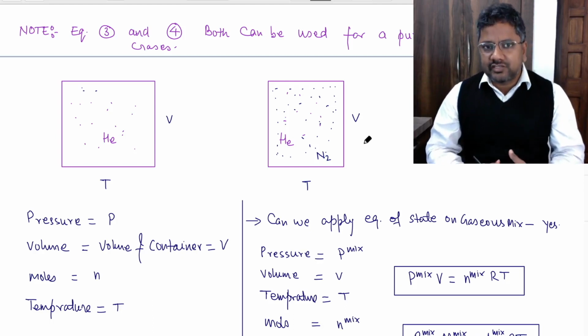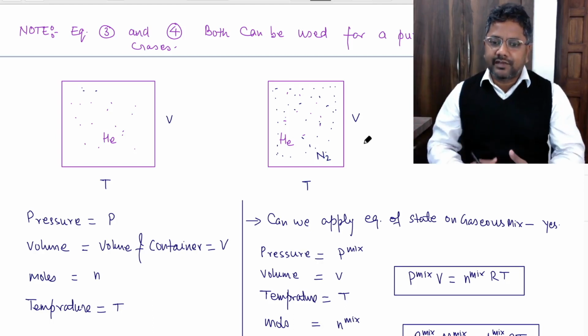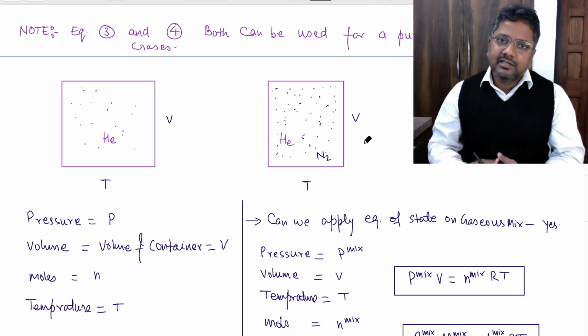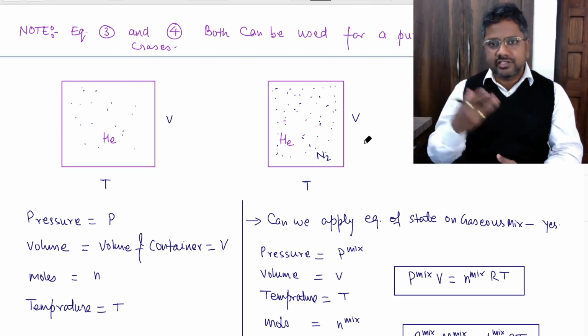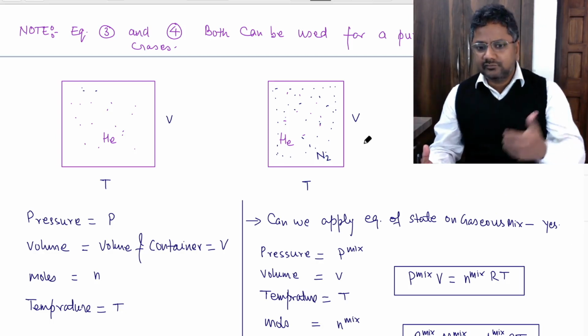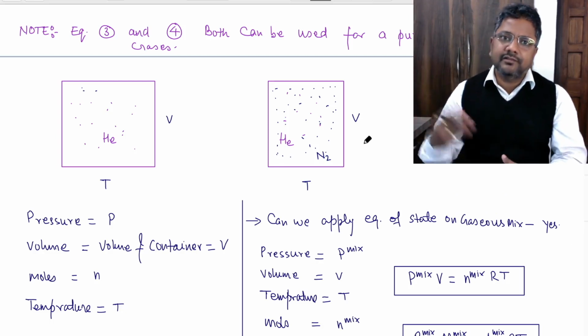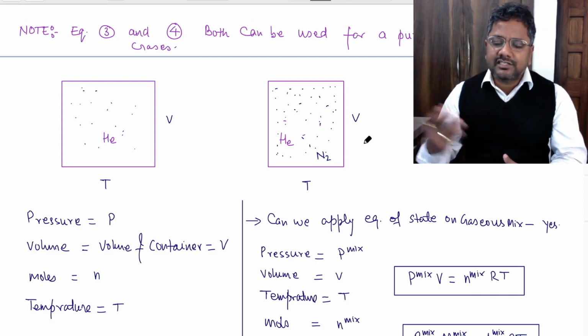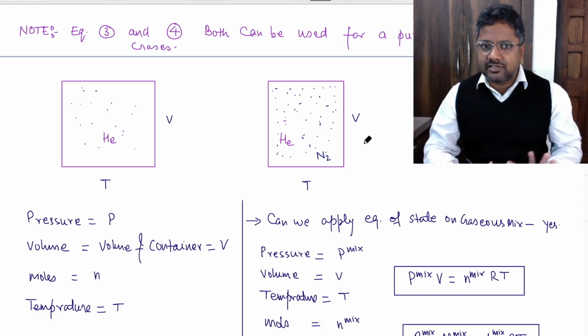Let the volume of the container be fixed and temperature fixed, but the number of moles and pressure are continuously changing. Once the reaction is over, the number of moles is constant, and then pressure is also constant. V and T are constant.